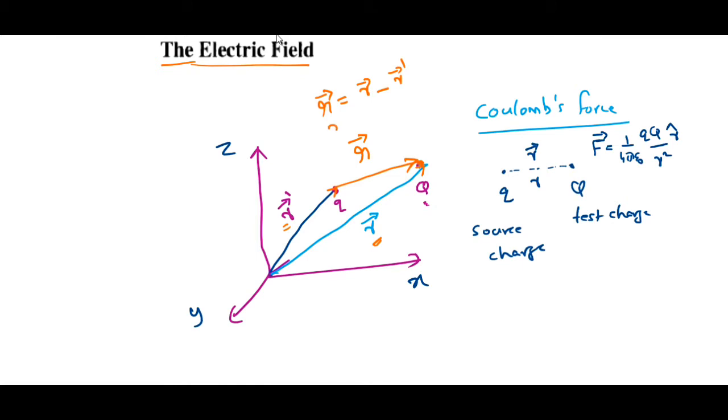Its magnitude can be written as, the separation vector R is equal to, we can write, R minus R prime. That is, this is the separation vector R. Okay, but we can write it in this way.